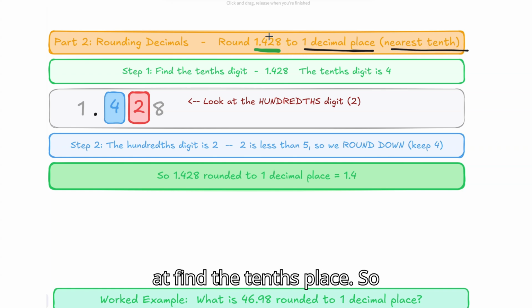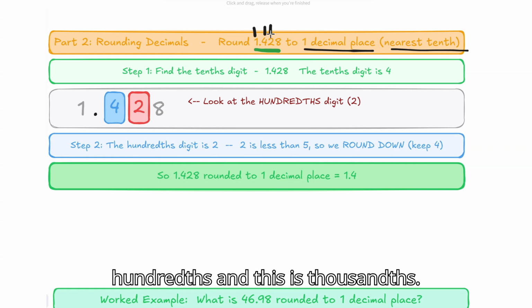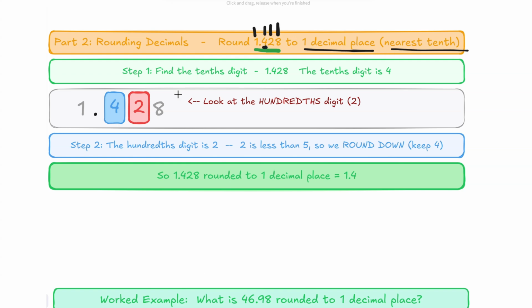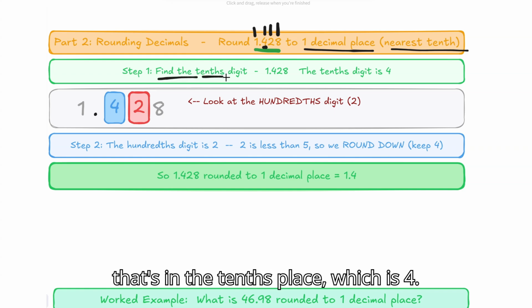Let's find the place. Here this is ones, this is tenths, this is hundredths, and this is thousandths. So here the first decimal place is 4. First we find the digit in that place, which is 4.